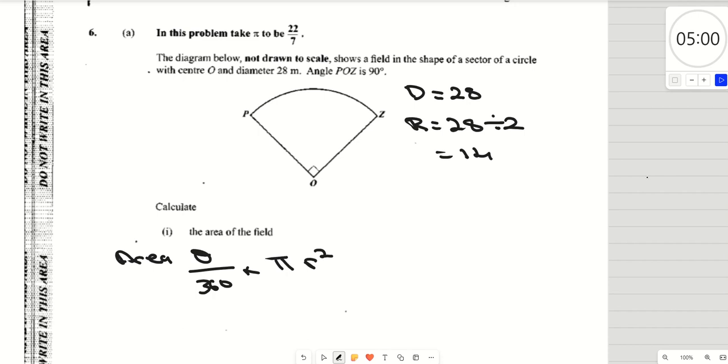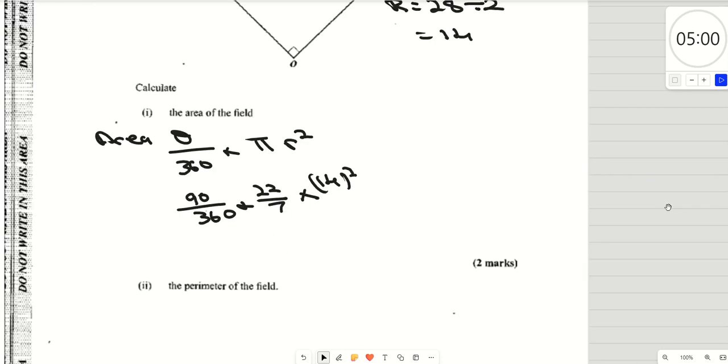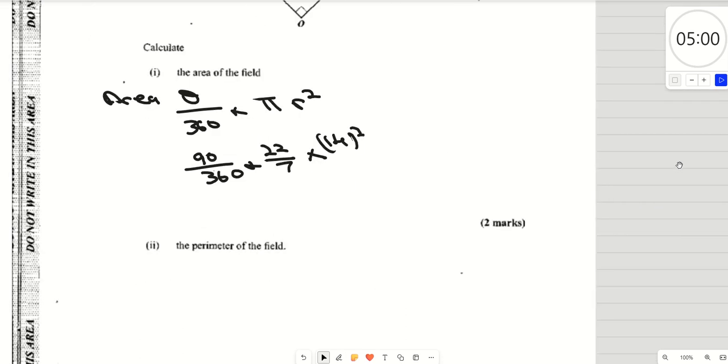They told you it is 90 degrees, so it is 90 over 360 multiplied by 22 over 7 multiplied by radius 14, all squared. When you put this in your calculator, you're going to get 154 meters squared, and that's how you do this.